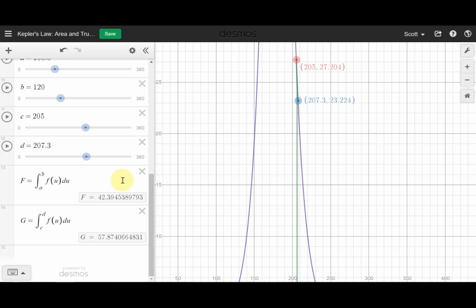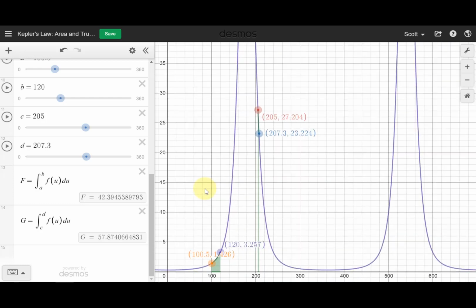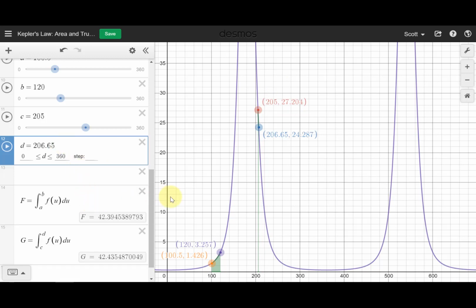As it's traveling here from 205 to 207, it'll take about the same amount of time as it took to travel from 100 to 120, right? So that's about a 2-degree change, and that's not even quite accurate. Let me try that a little bit more. So there we go. That's pretty close. Right, so that's just a sliver of area.